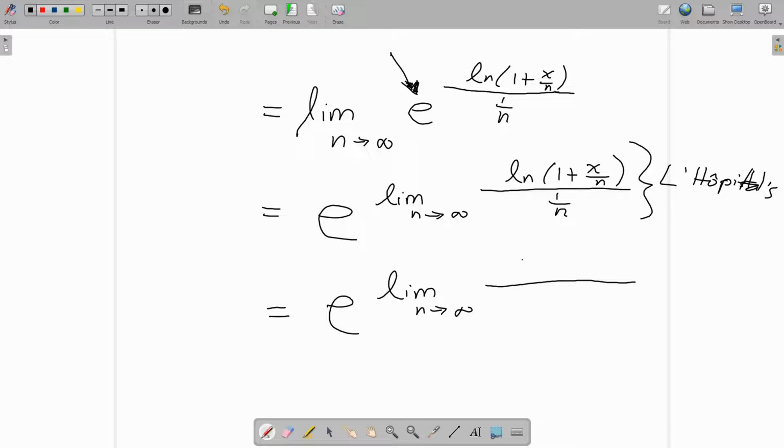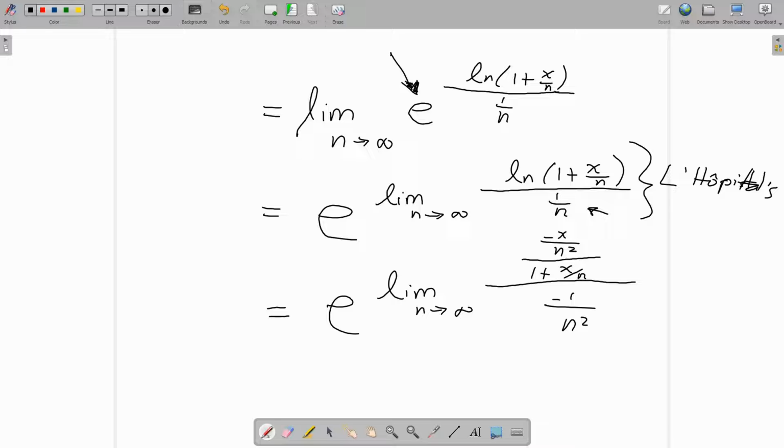So the derivative of 1 + x/n is negative x over n squared, all over the whole of 1 + x/n. And the derivative of the denominator, 1 over n, is negative 1 over n squared.